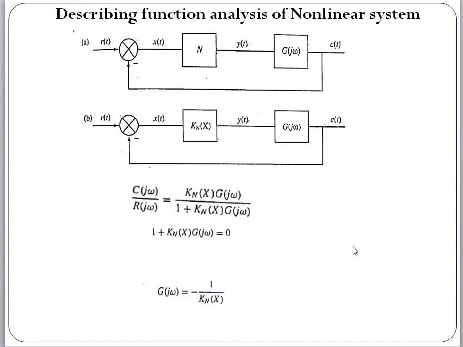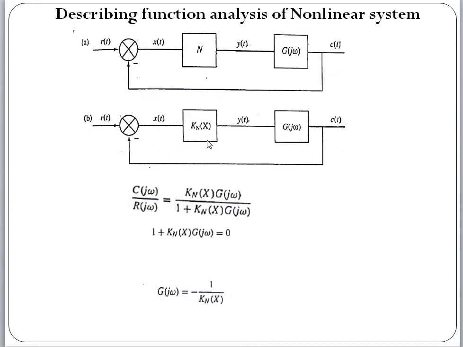Here our system is a nonlinear system and we are converting this nonlinearity into a describing function. So here Kn, our describing function, is not a constant value. It is a function of the input amplitude X. That means it is not a single point but a curve for different values of X. Kn of X is not just a gain.